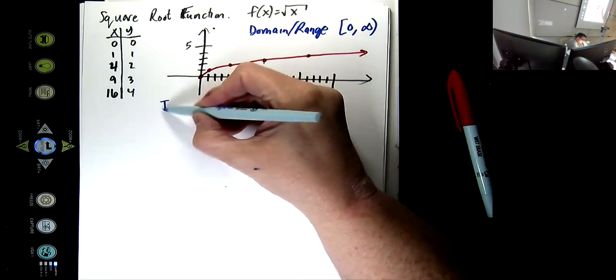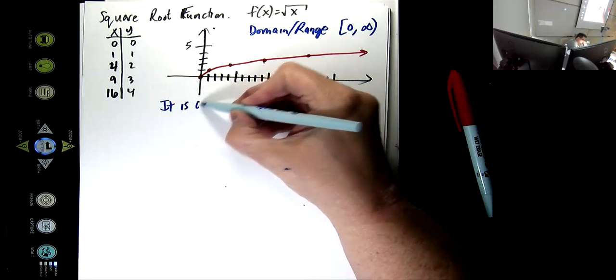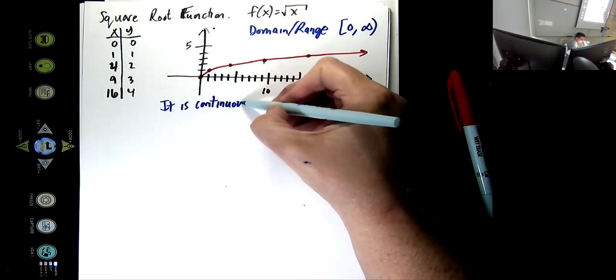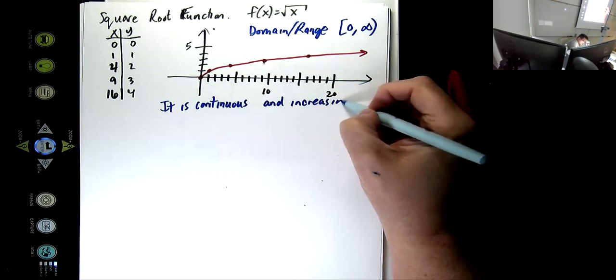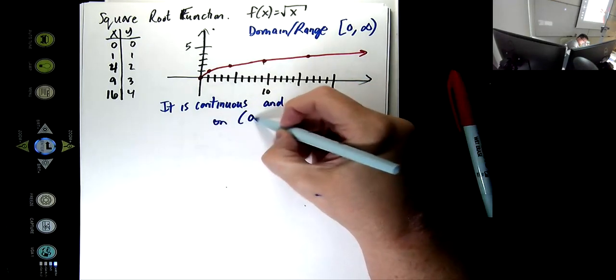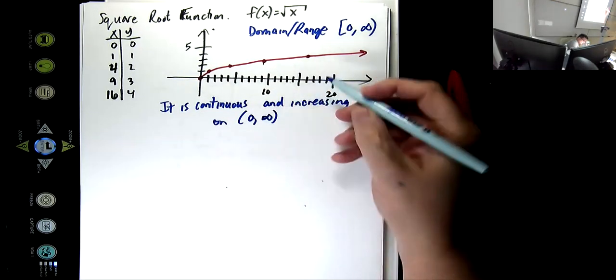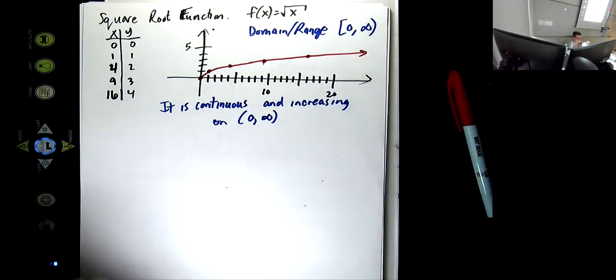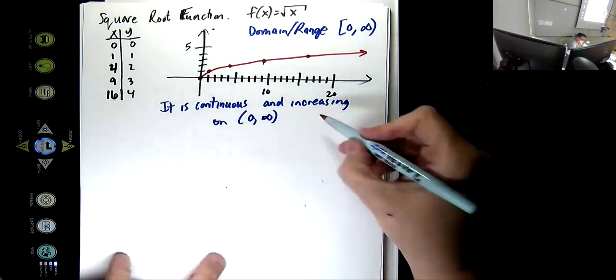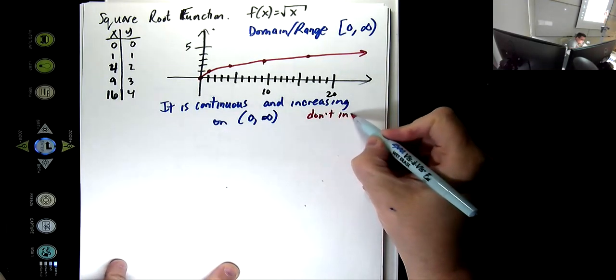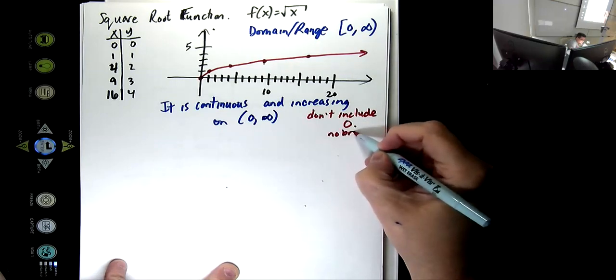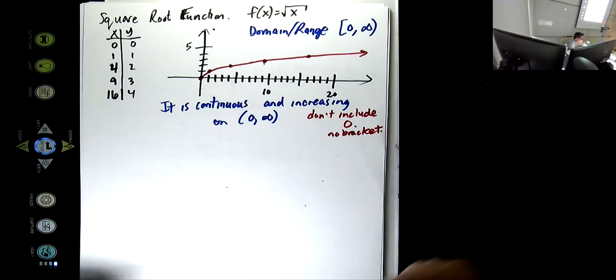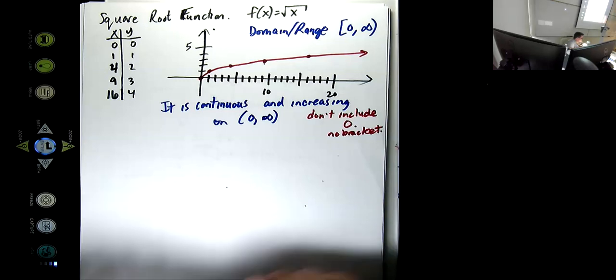It is continuous and increasing on 0 to infinity. But don't include 0. Notice I don't have the bracket here. We don't say it's continuous there because it doesn't have anything to the left. It starts there, so we don't really say it's continuous because it stops.